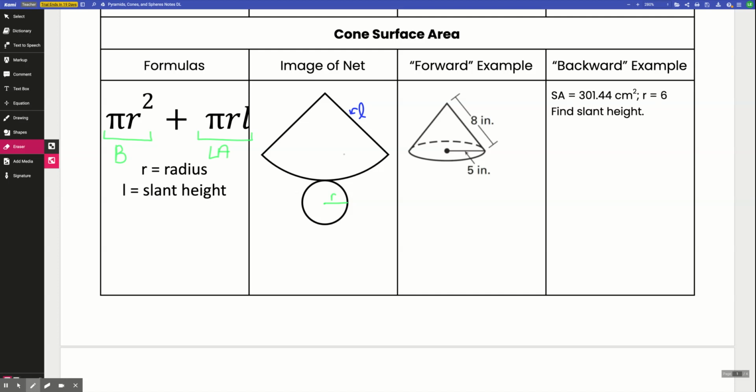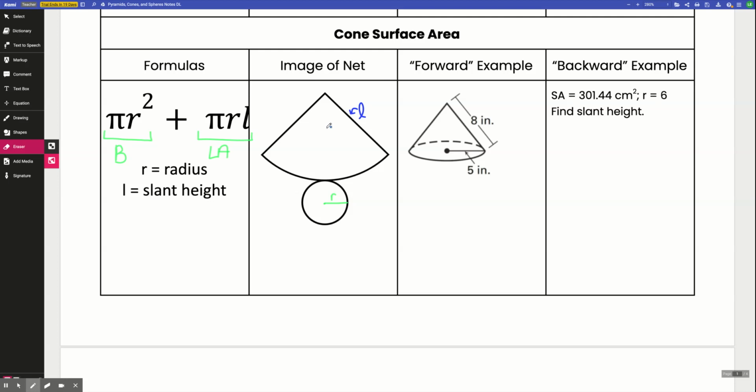it goes beyond the scope of this geometry course. If you're curious about why pi times the radius times the slant height gives you the area of this part of the net, you can definitely look that up, or send me a message. Let me know that you're curious about that, and I can definitely explain it to you.